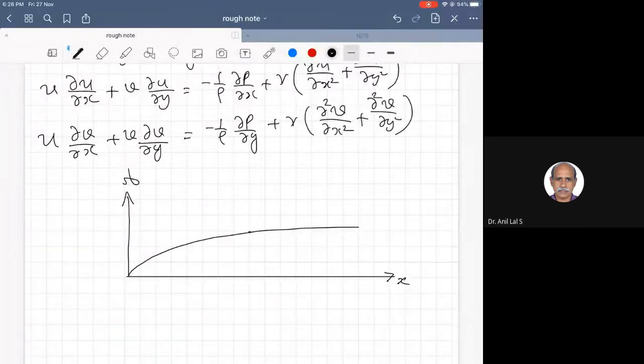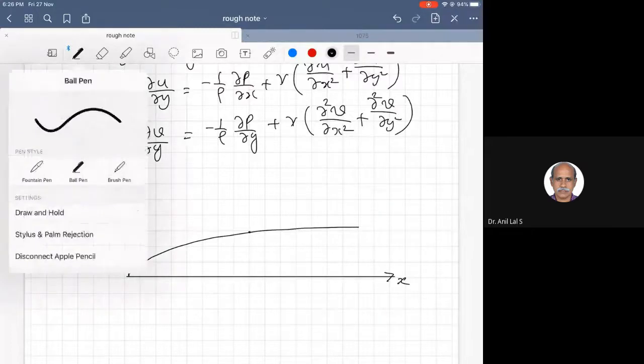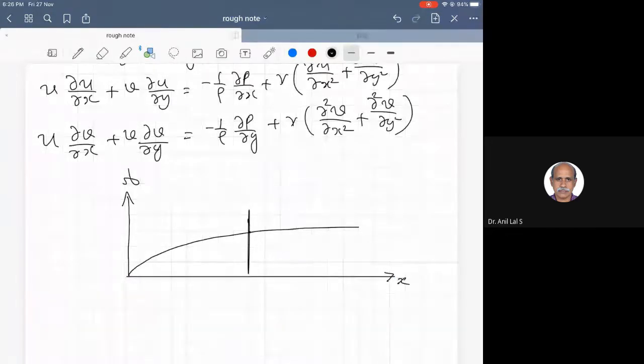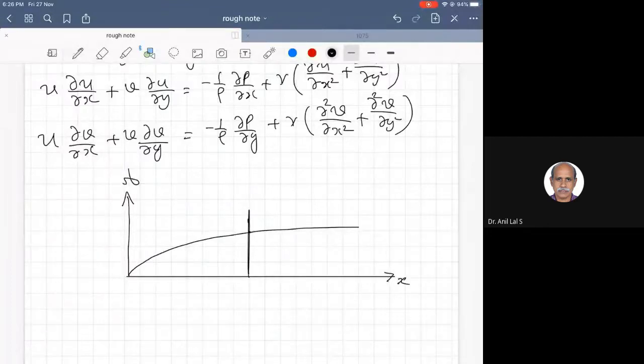The velocity distribution at any point could be shown like this.